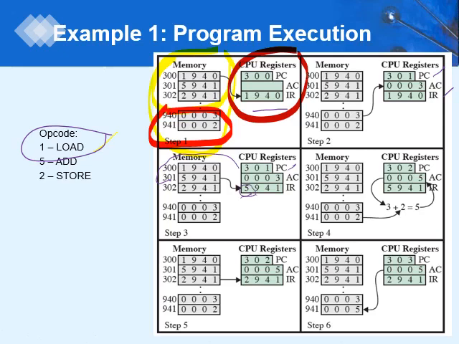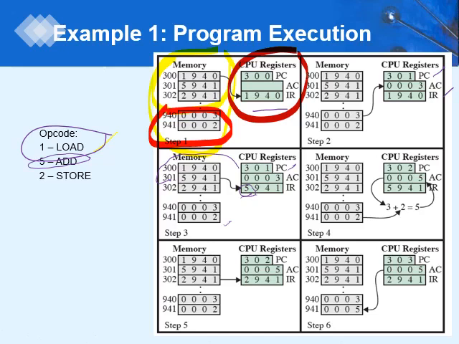It means add whatever is inside 941 to the accumulator and save it inside the accumulator. That is the instruction 5941.